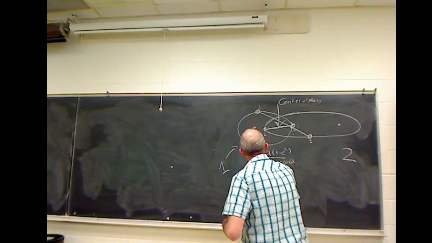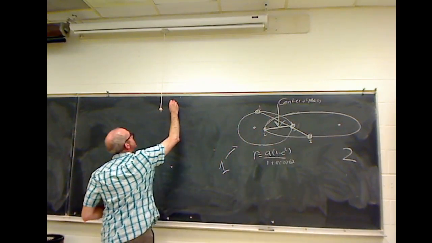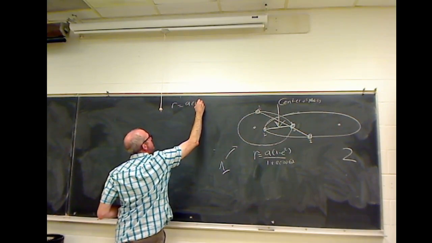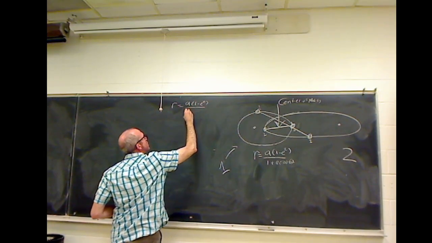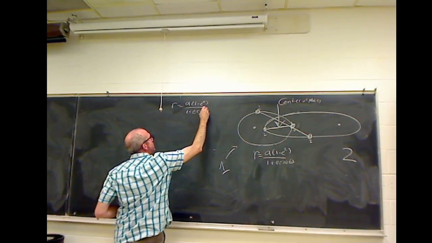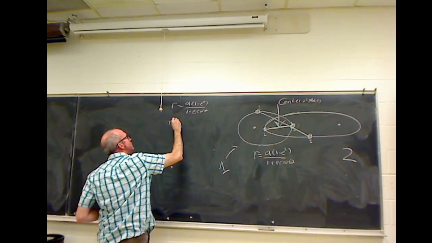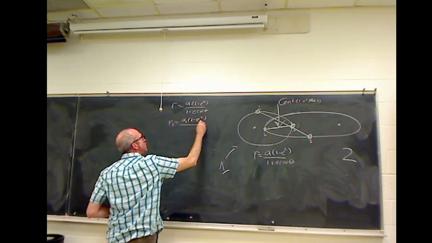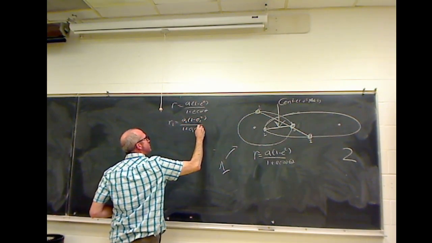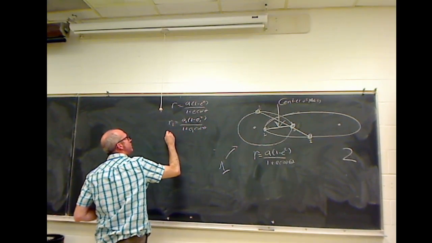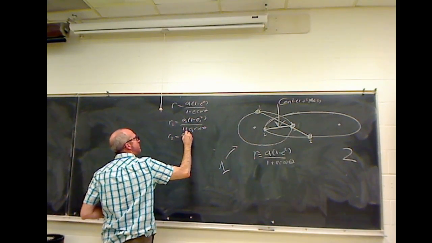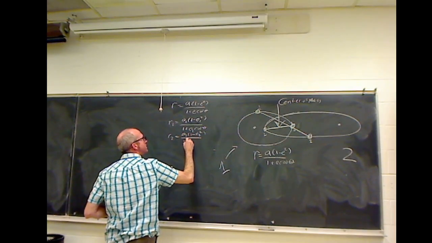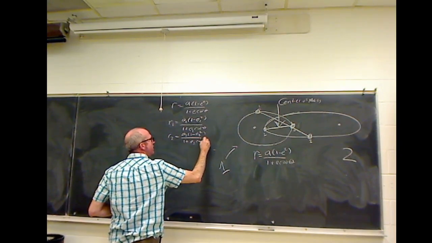We also know that r equals a times 1 minus e squared over 1 plus e cosine theta. We also have r1 equals a1 times 1 minus e1 squared over 1 plus e1 cosine theta, and then r2 equals a2 times 1 minus e2 squared over 1 plus e2 cosine theta.